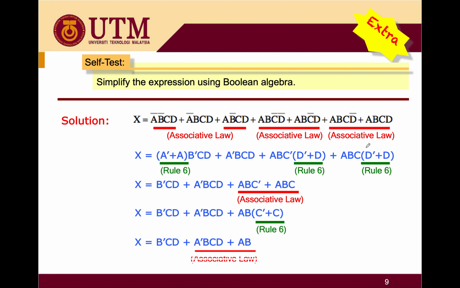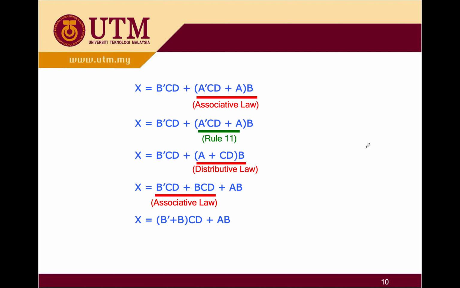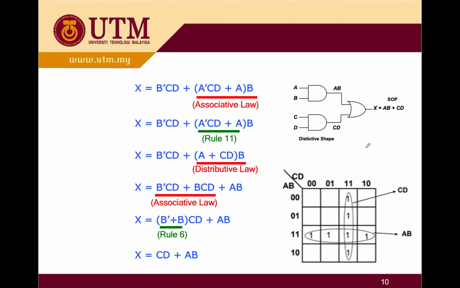Lastly, you will get the same answer as if you use the K-map. The K-map uses only one step and you get this straight away, but using Boolean algebra rules, you will see a lot of steps you need to make.